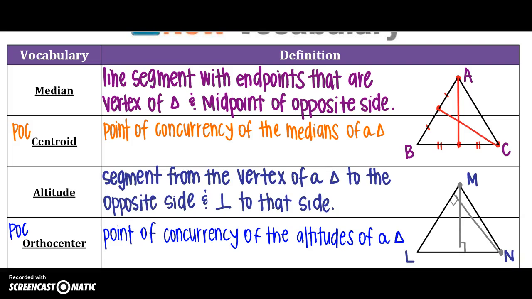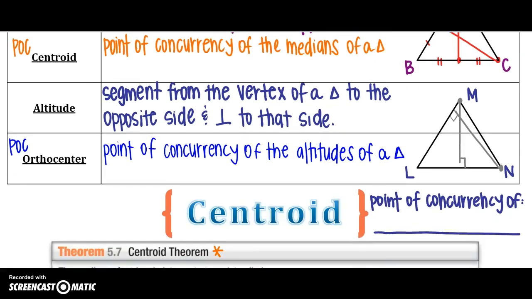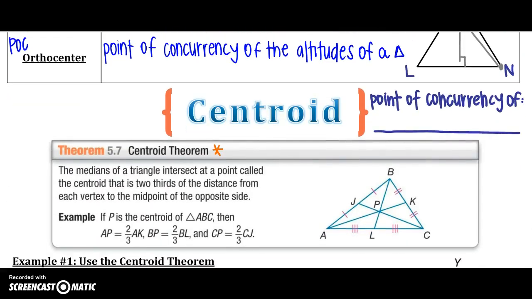Remember, this section talks about medians and altitudes, and then the point of concurrency for both of those. So we're going to get started with the centroid. Remember, the centroid is the point of concurrency of the medians.